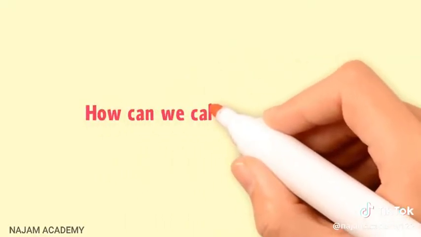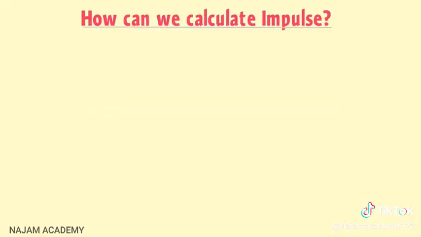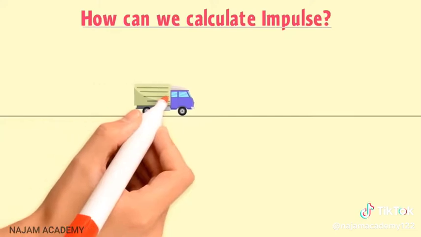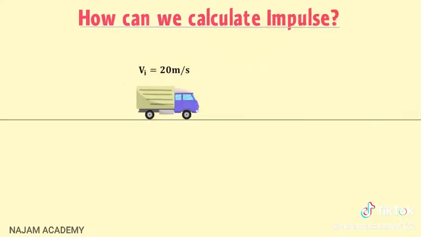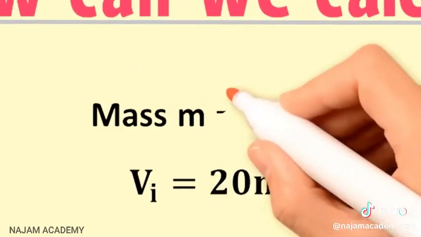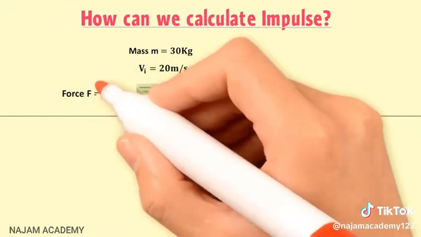Now let me teach you how we can calculate impulse in physics on an object. Suppose that an object is moving in this direction. Let the initial velocity of this object be Vi is equal to 20 meter per second and its mass m is equal to 30 kg.